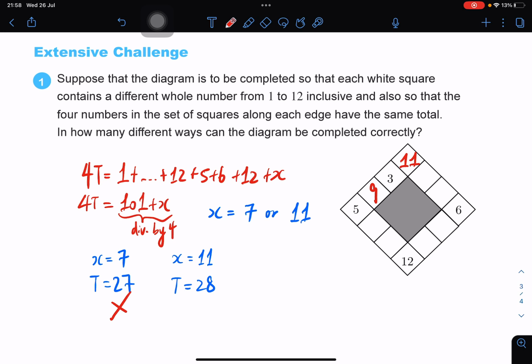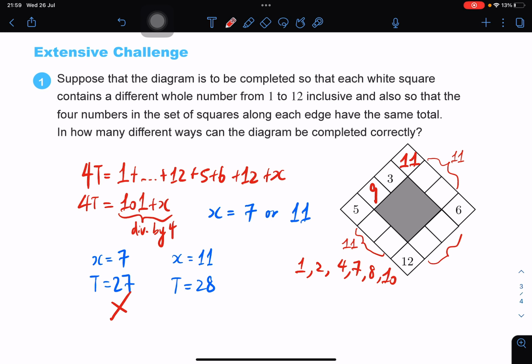Now we have the numbers 1, 2, 4, 7, 8, and 10 remaining. And then, if you look at this edge, it's adding up to 17, which means that it needs 11 more in these 2 boxes. On this side, it also needs 11 more in these 2 boxes. And on this side, 12 adding 6 is 18.